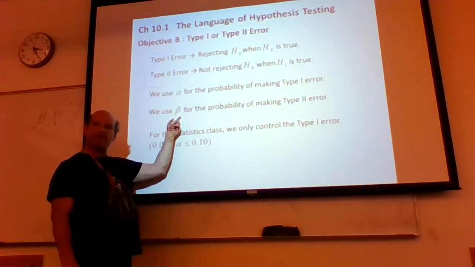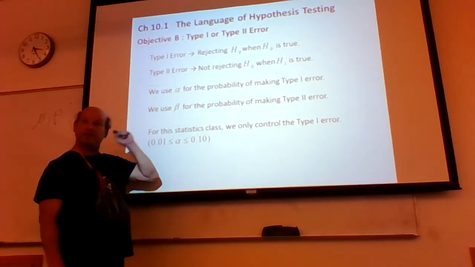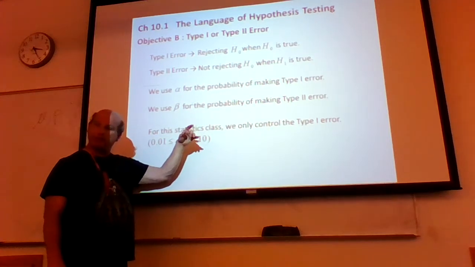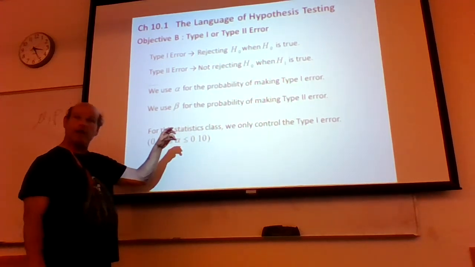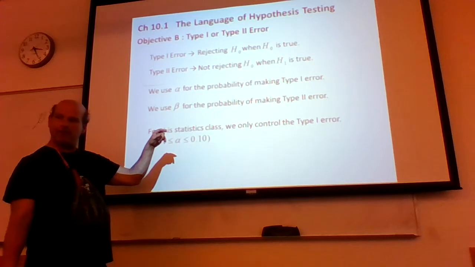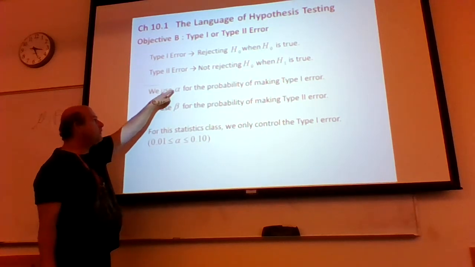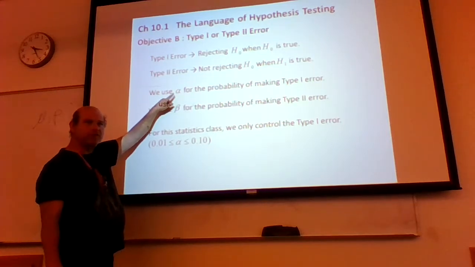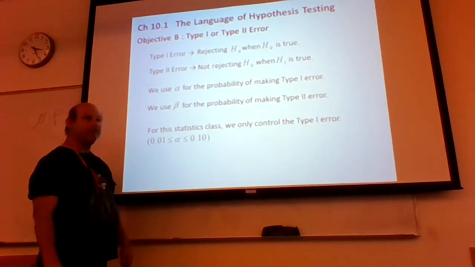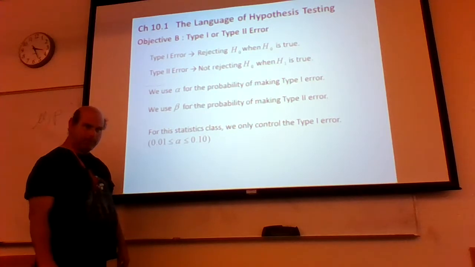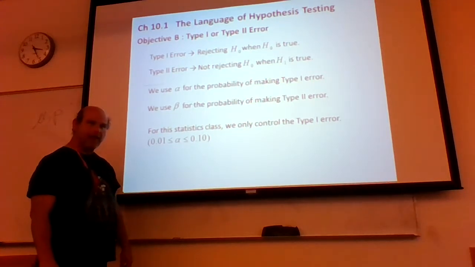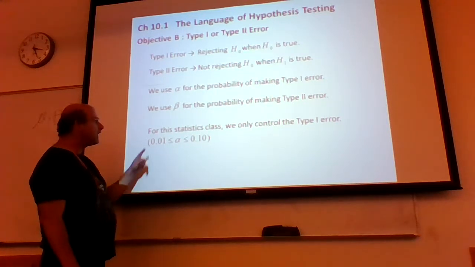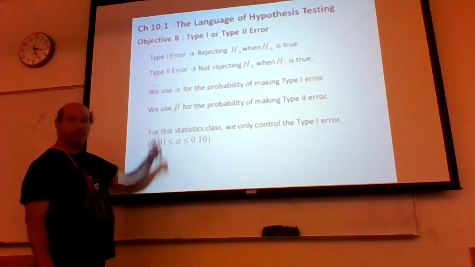You lose precision when you increase the confidence level. It's very similar. So the smaller you make alpha, the larger you make beta, and vice versa. Depending on what you're actually studying, is what you're going to pick these values to be.